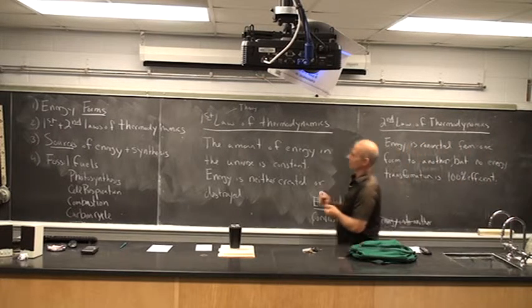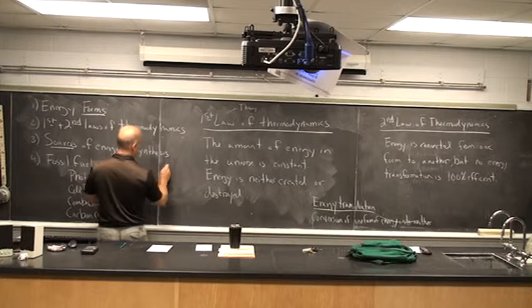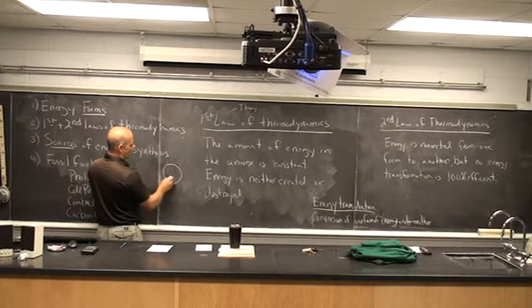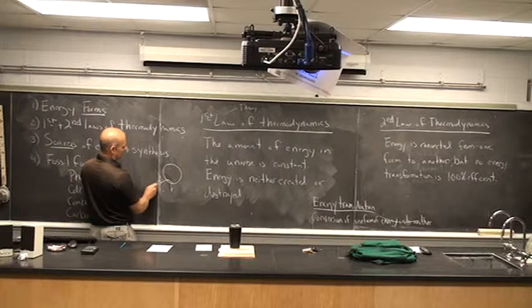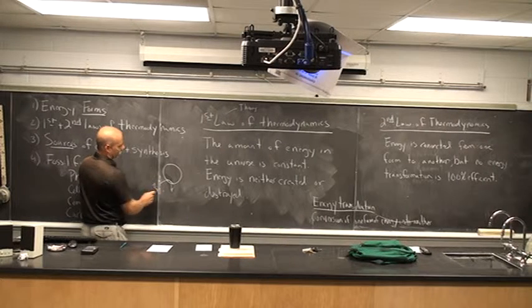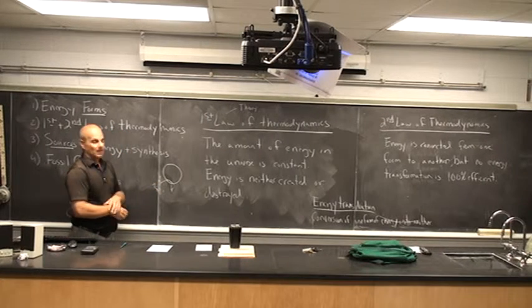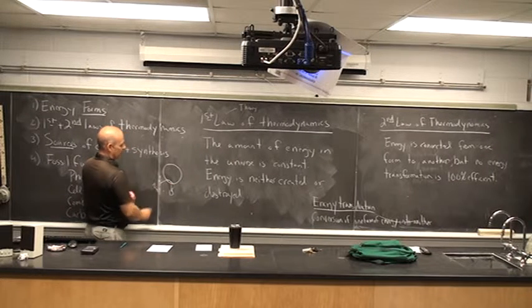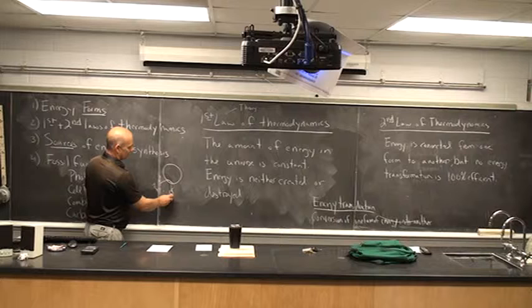Let's say this circle represents all the energy in the universe. A little bit of that energy gets converted into another form, but this part of it goes to heat. So now we have this over here, and it gets converted as well, but that part goes to heat.